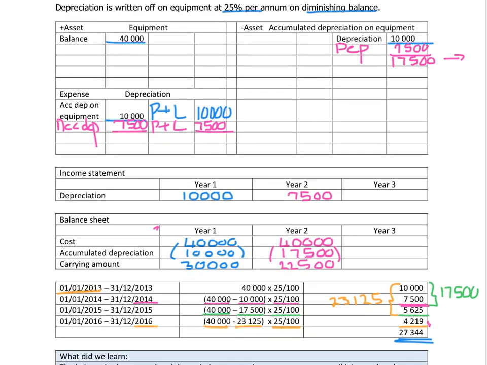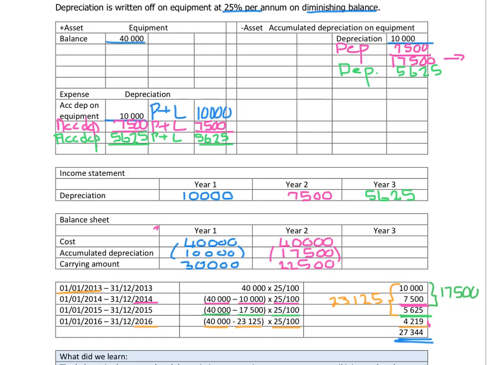In year 3, we calculated that the depreciation is 5,625. So I will debit depreciation with 5,625 to increase the expense on the debit side, and I will credit my accumulated depreciation account with 5,625. This 5,625 in the depreciation account will be transferred to the profit and loss account to indicate that that is the expense for the current year, and in the income statement we will indicate that the depreciation is 5,625.